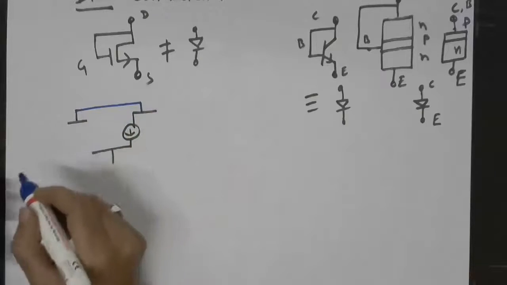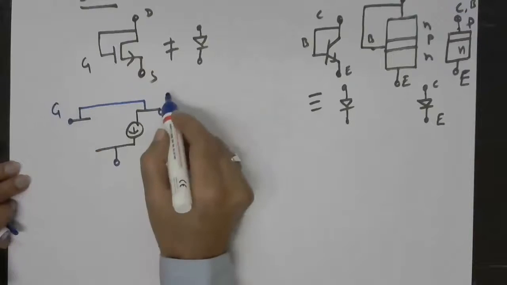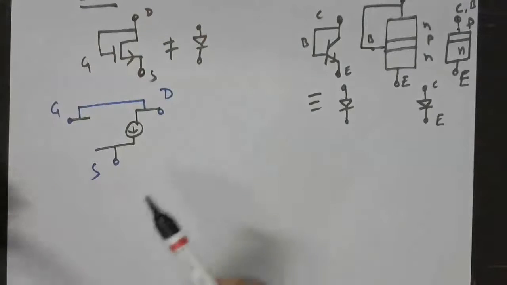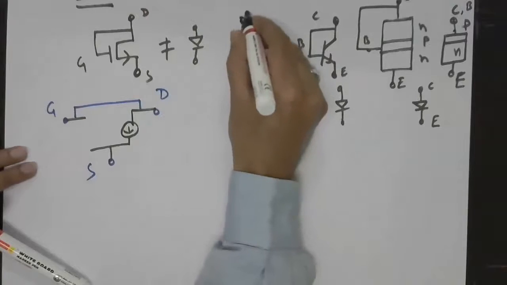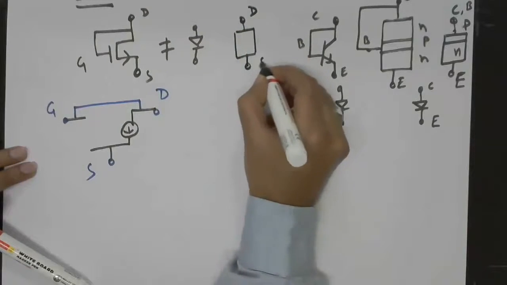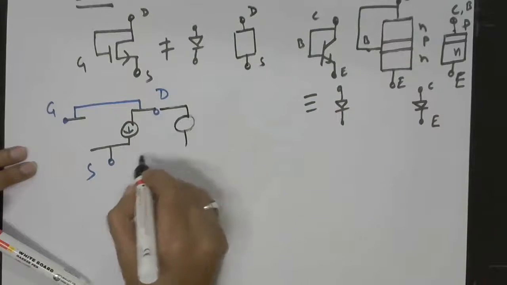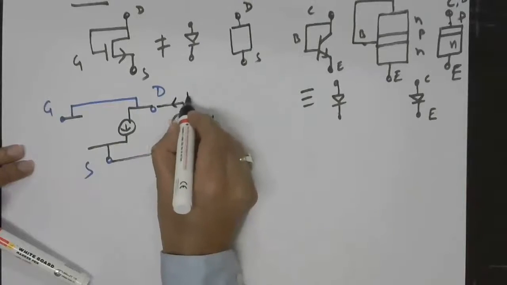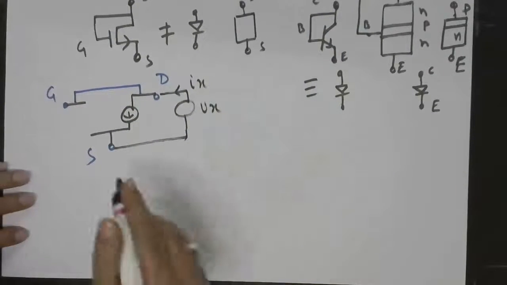We want to know the behavior of the resulting circuit, that means the impedance between these two nodes. So we want to treat it as a black box where we have the drain node coming, the source node coming, and we want to know the impedance. So let us connect an external voltage source Vx, find out Ix, and see what the impedance between these two nodes is.